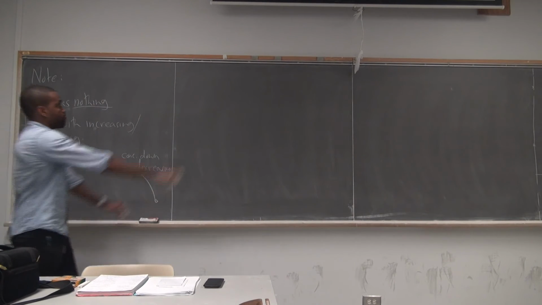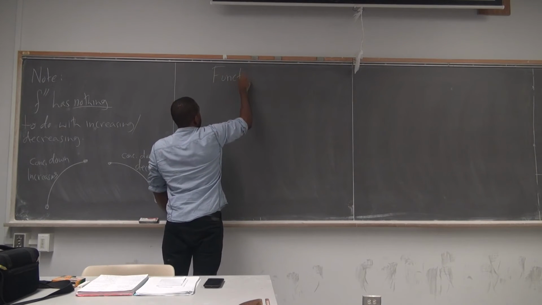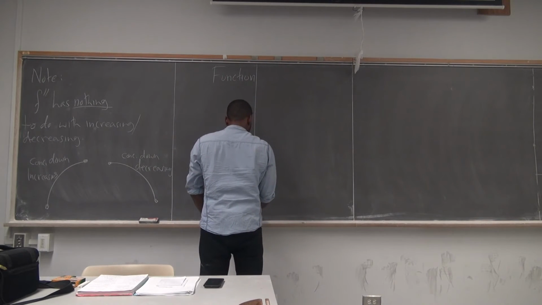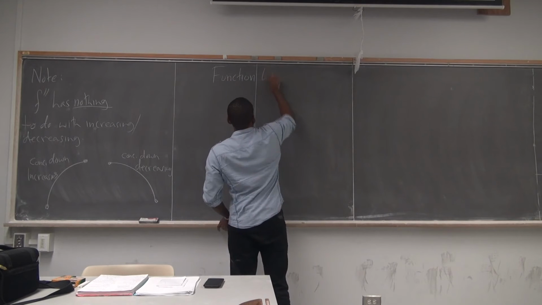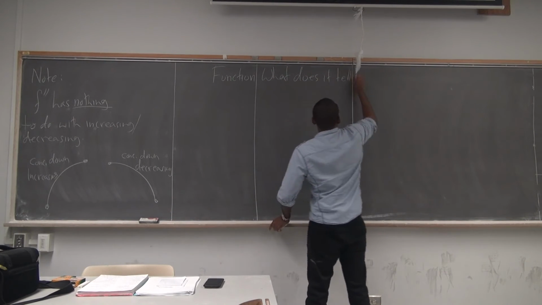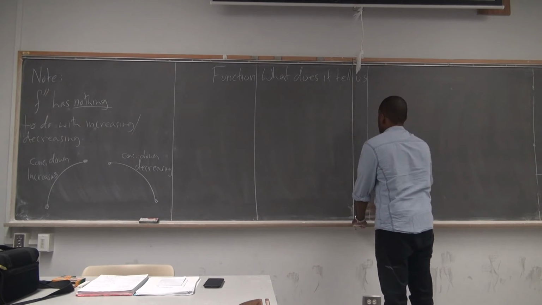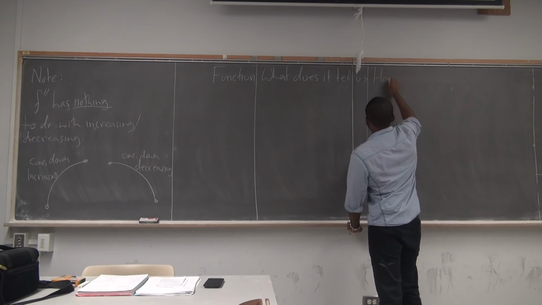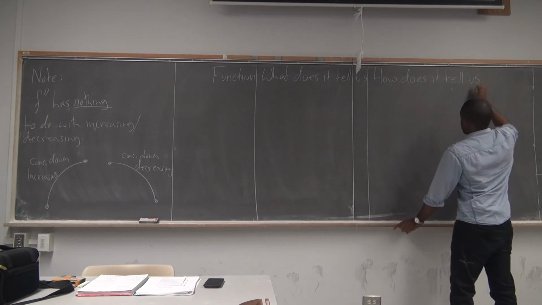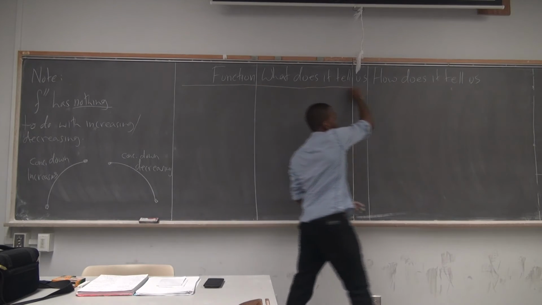Let's talk about the function, what it tells us, and how it tells us. The idea being different derivatives tell us about different things, and we need to know what they're telling us about.